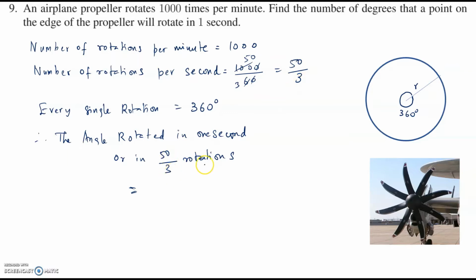So in 50 by 3 rotations will be equal to 50 divided by 3 into each rotation is 360 degrees. So your answer would be 6,000 degrees.